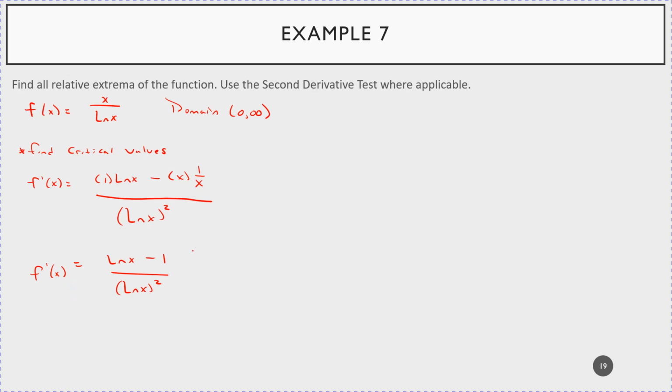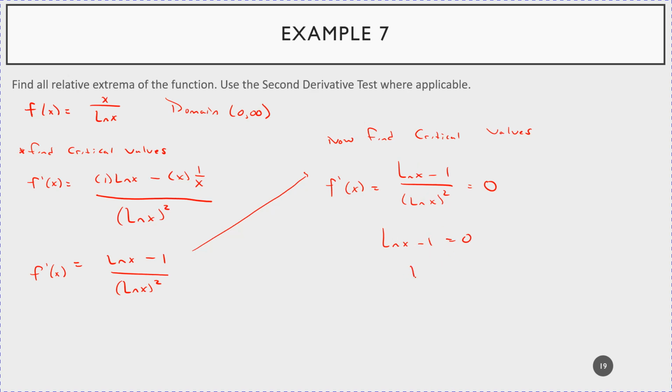So then what I have to do now is find critical values. So we're going to take this and set it equal to 0 and solve. Again, the denominator doesn't matter. You're just looking at when the numerator, ln of x minus 1, equals 0. So I add the 1 over.